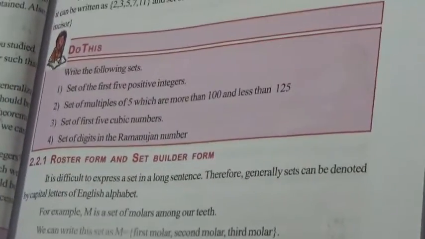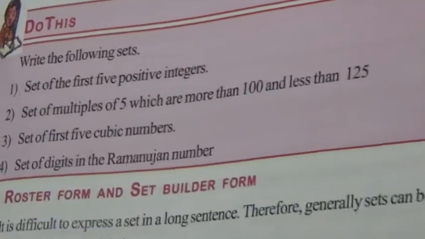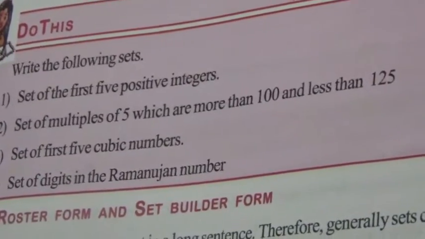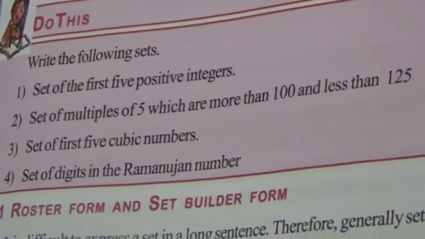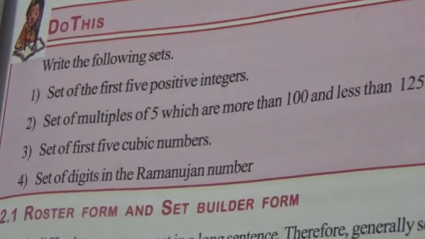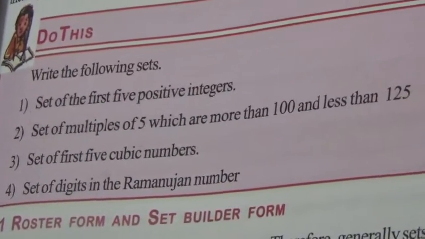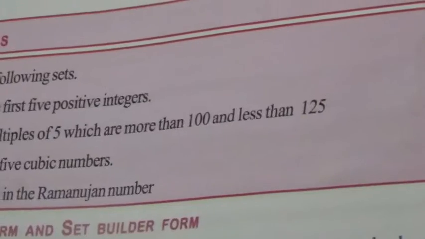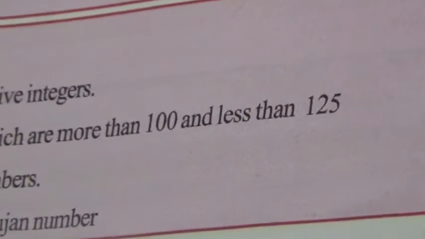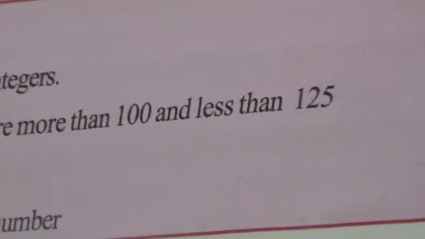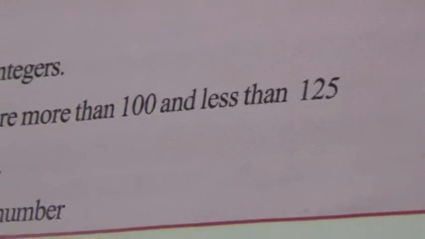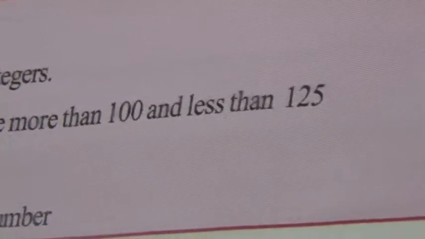And the second sum, set of multiples of 5 more than 100 and less than 125.